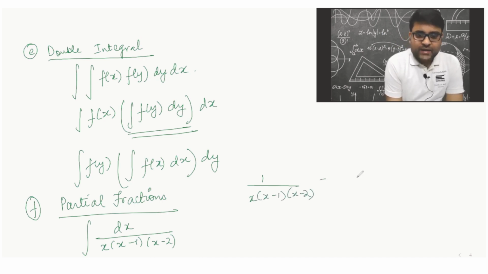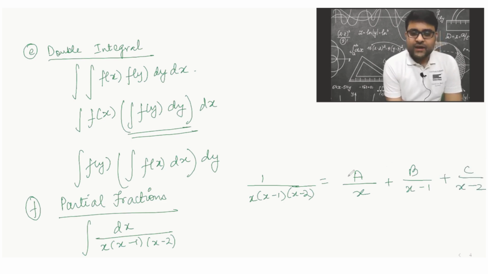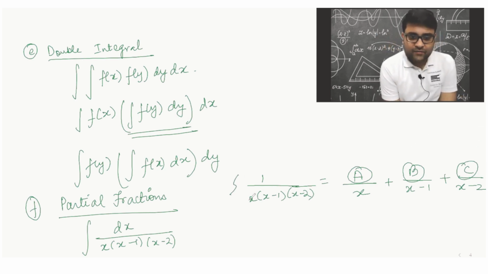I want to break it up into smaller fractions, not this composite fraction. So I'll write a by x, b by x minus 1, c by x minus 2, and then try to find out the values of a, b, and c by forming an equation. We'll be doing this in detail when we do the problem of partial fractions.